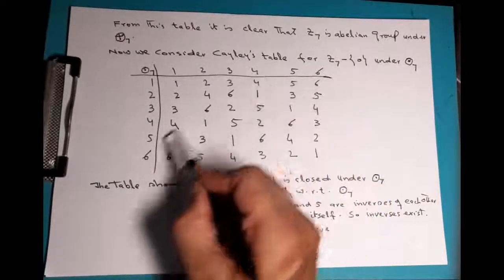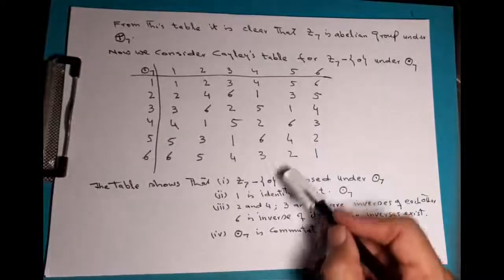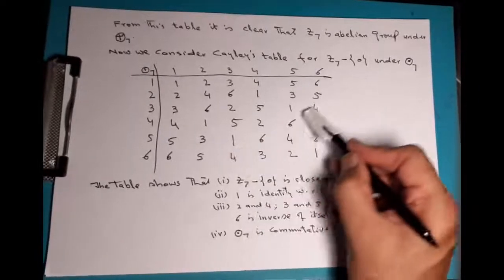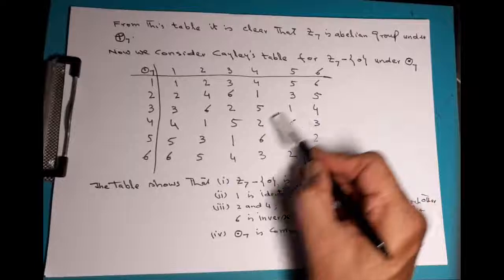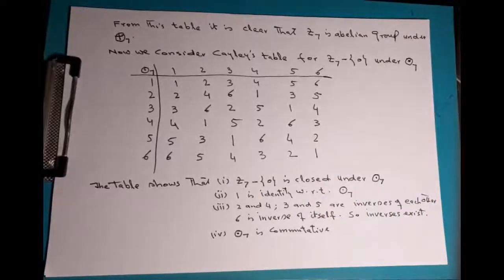You can see that the table is symmetric. So symmetry of the table shows that multiplication is commutative. So multiplication modulo 7 is commutative, and associativity of this can be checked by inspection.